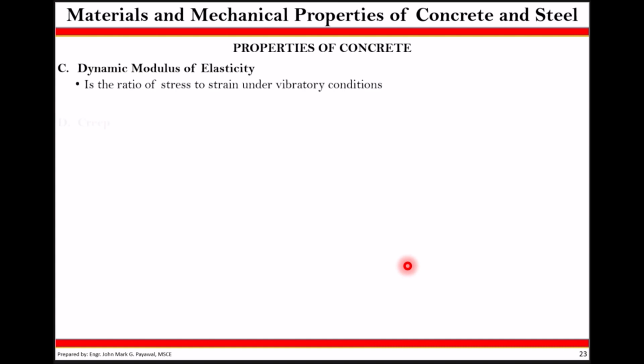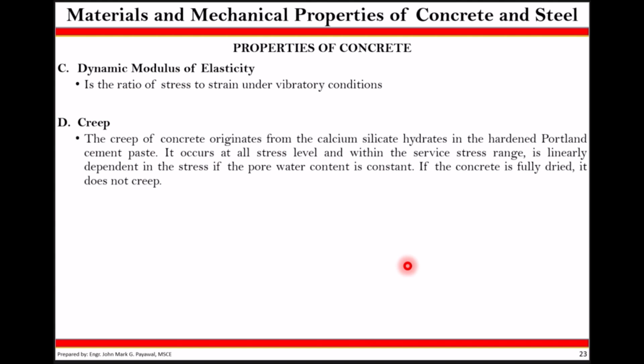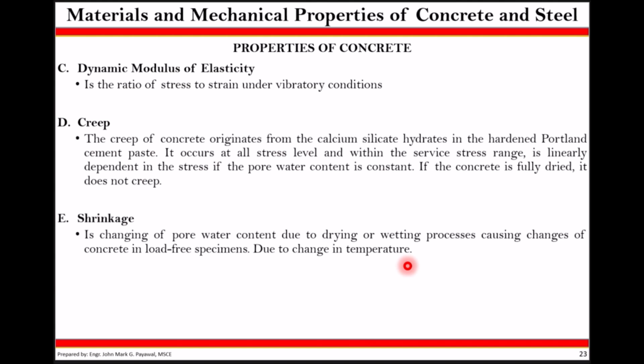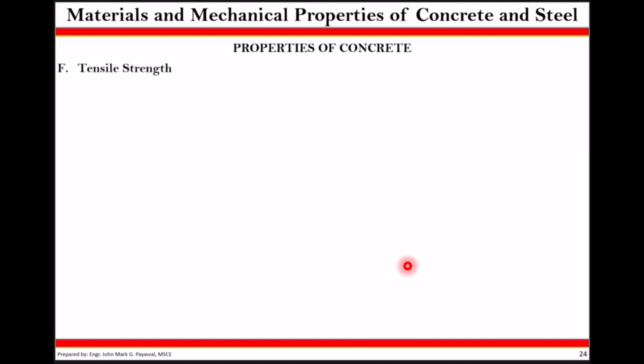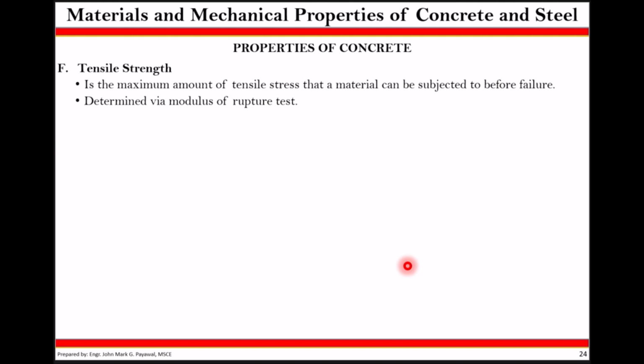Other properties of your concrete are as follows: dynamic modulus of elasticity, creep, shrinkage, and tensile strength. Even though it's too small compared to steel, tensile strength is determined by the modulus of rupture.